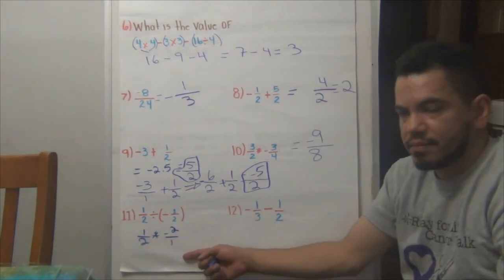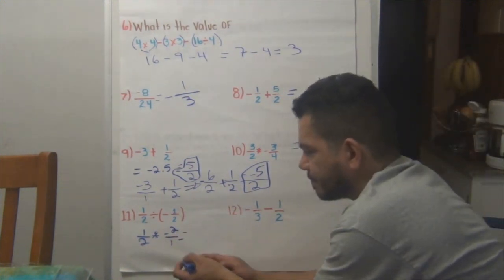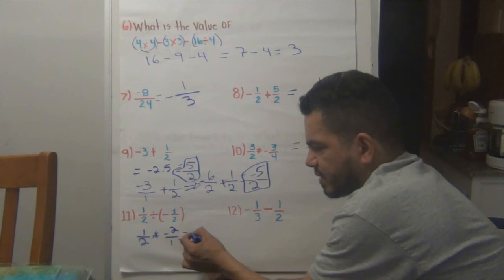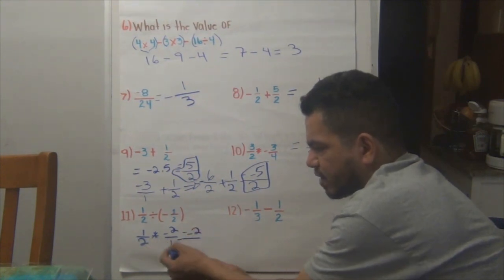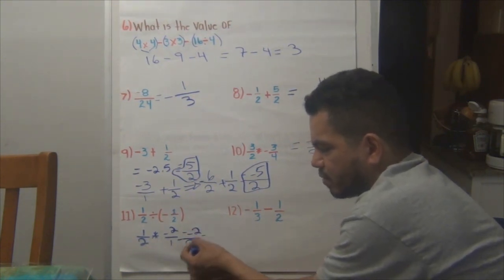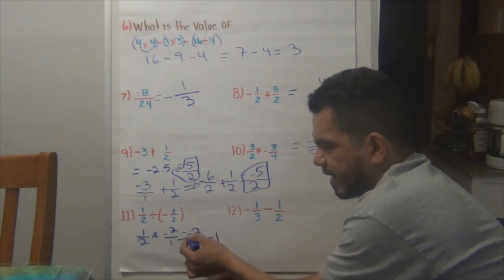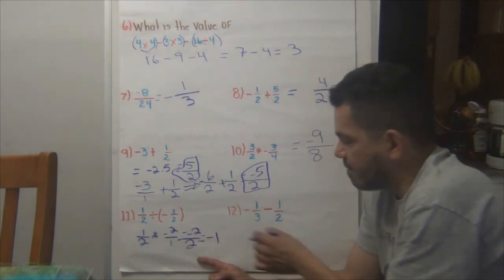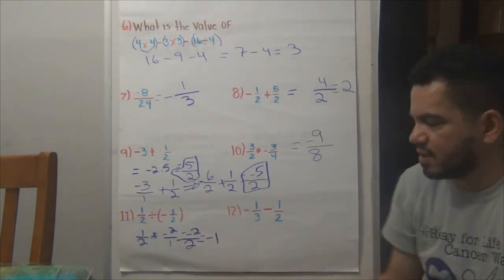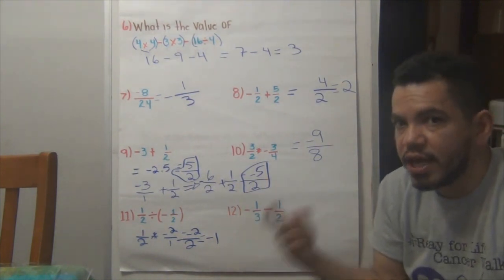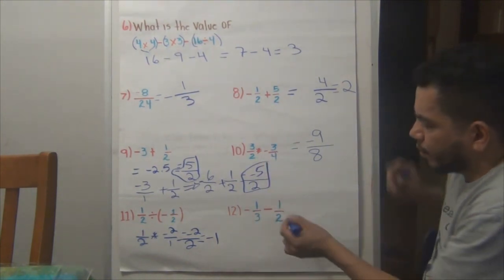Flip the fraction, correct? And then I end up with 1 times negative 2 is negative 2, over 2 times 1 is 2, 2 divided by 2 is 1, negative divided by positive is negative, and voila, we got it. Remember, you're supposed to try this first, and then you can check, alright?